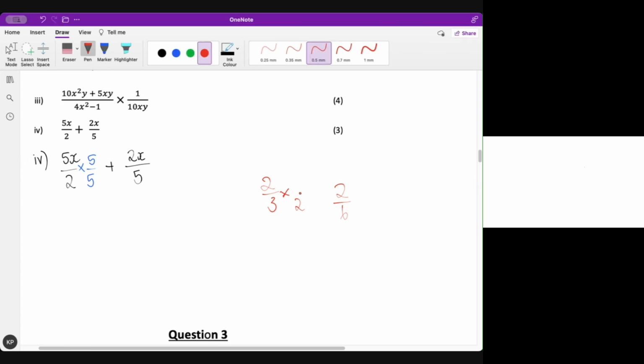But if I multiply it by 2 over 2, which means I now have 4 over 6, do you see that these are now equivalent fractions? It's like multiplying by 1, because this entire 5 over 5 is actually 1. 5 divided by 5 is 1. So you have to do the same operation at the top and at the bottom to keep the question the same. Second one, what am I multiplying by?